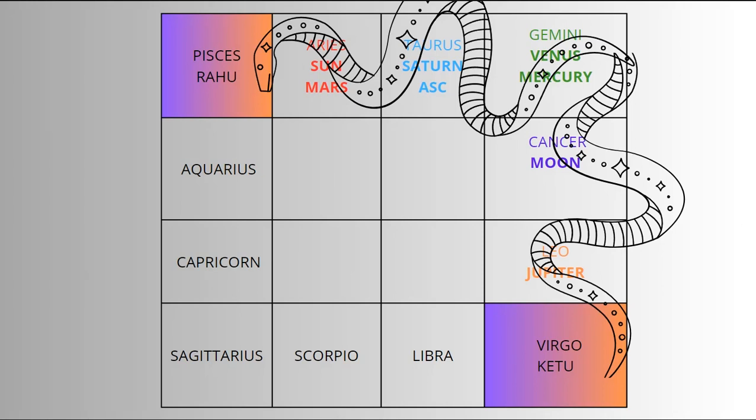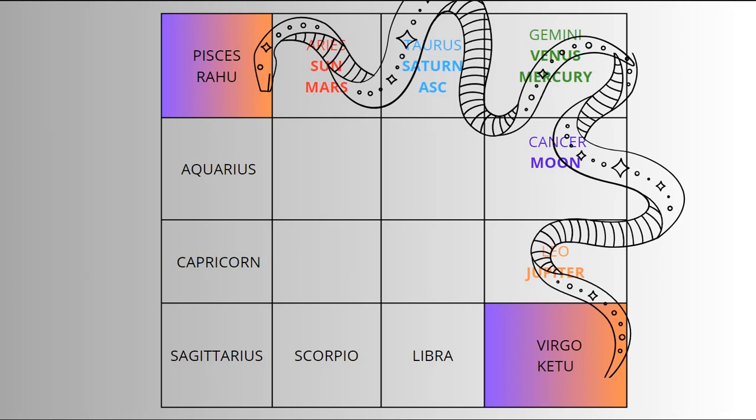So why is this happening? It's because essentially Rahu and Ketu swallow up the planets, preventing them from expressing their full potential. As a result, individuals who may have great dreams and aspirations often struggle to see them materialize.